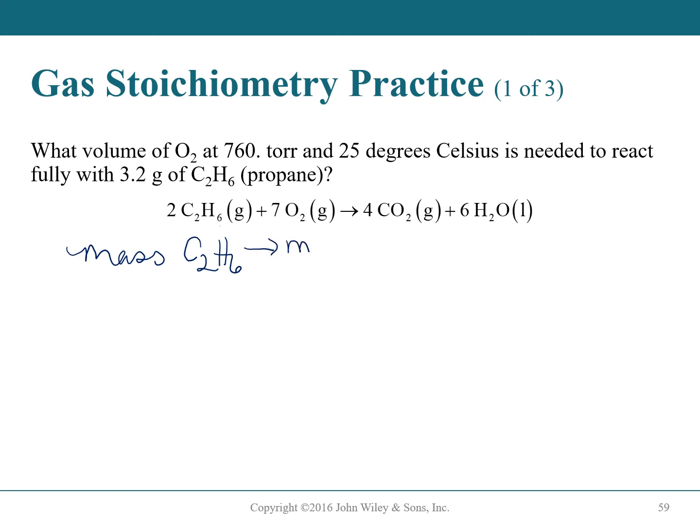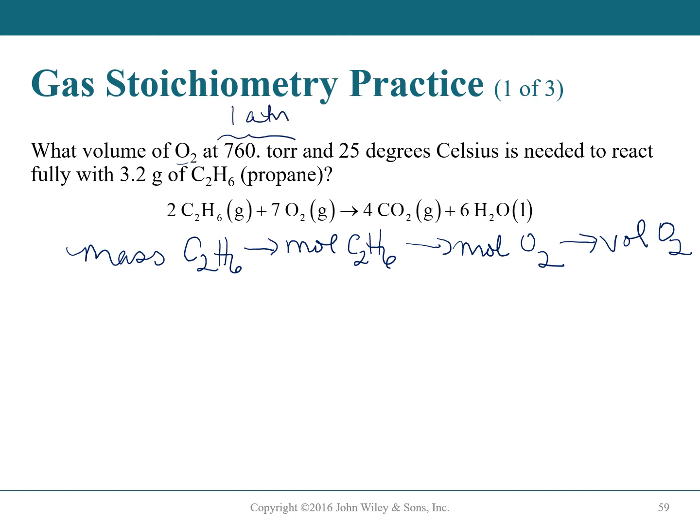We need now to go to the moles of ethane, but we're interested not in that, we're interested in the oxygen. So we need the moles of oxygen. And then we want the volume. While this is equal to 1 atmosphere, this is not STP, because if I add my 273, this is 298 Kelvin. So we're not at STP.